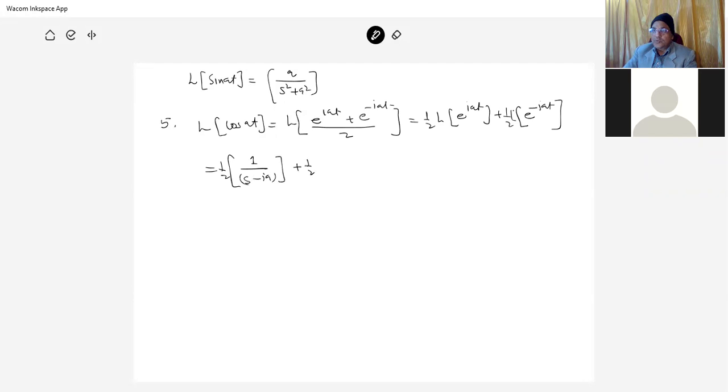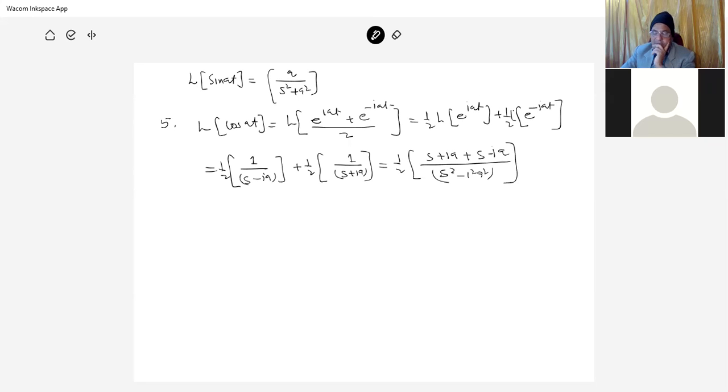plus 1 by 2 times 1 upon s plus ia. So 1 by 2, by solving, s plus ia plus s minus ia upon s square minus i square a square.